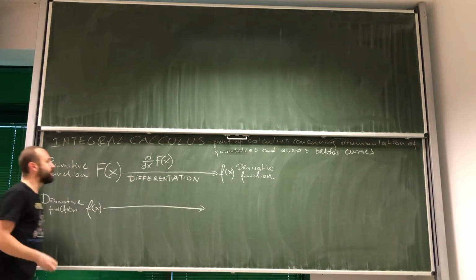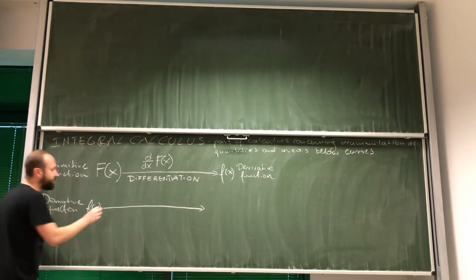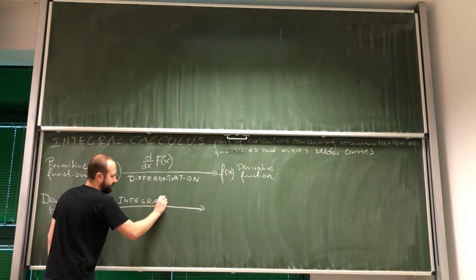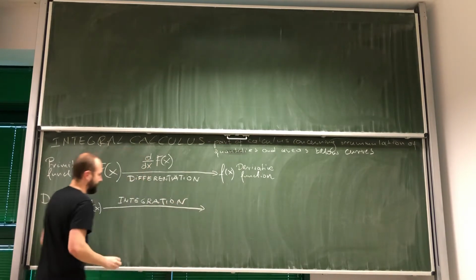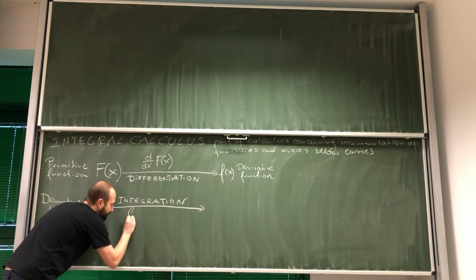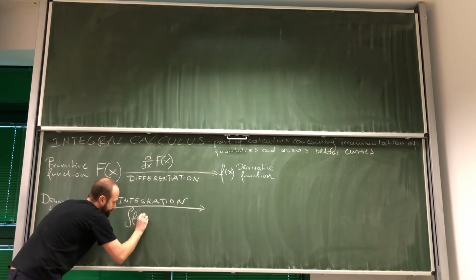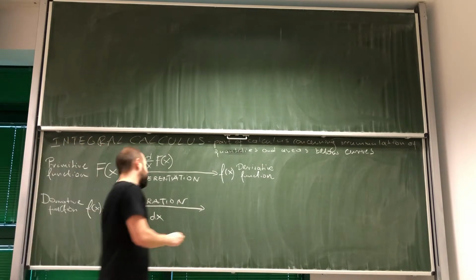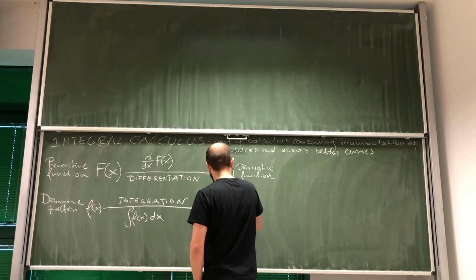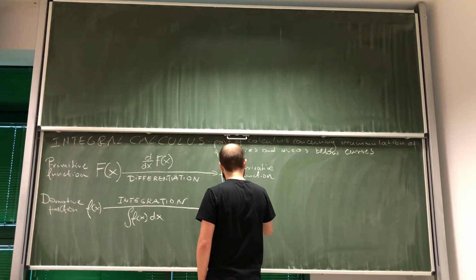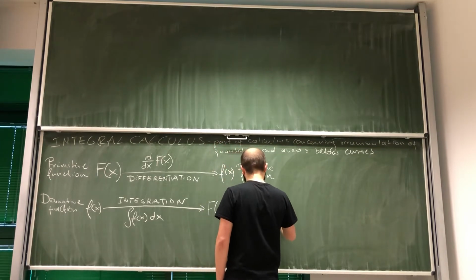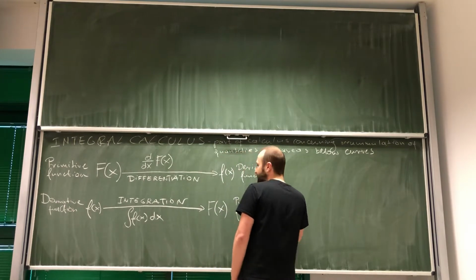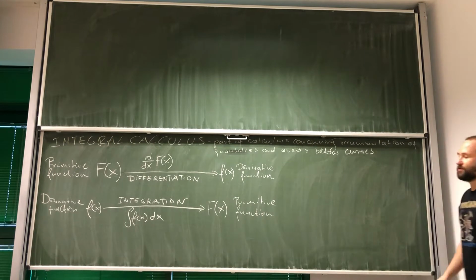And now, we're going to go through a process that is called integration, which we will denote, what it means, I will explain in a second. And, as a result, we are going to obtain the primitive function. And this is what we're going to learn actually how to do today.